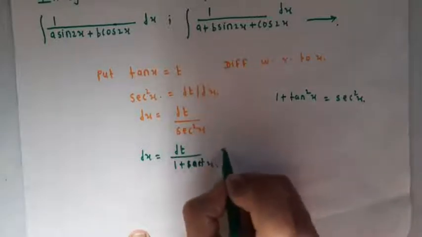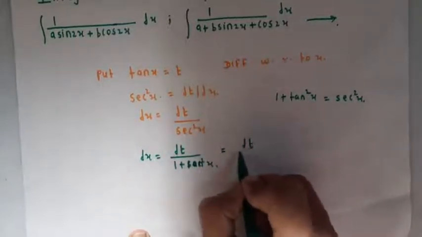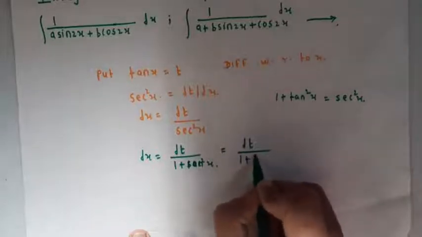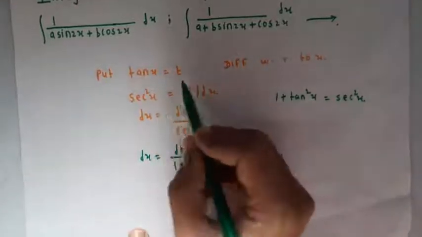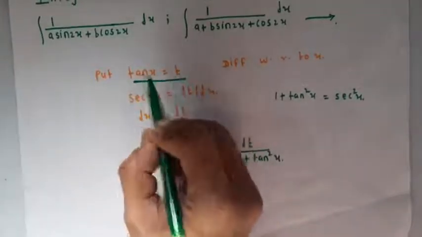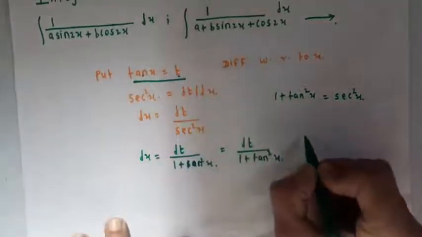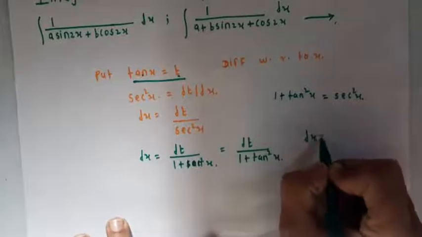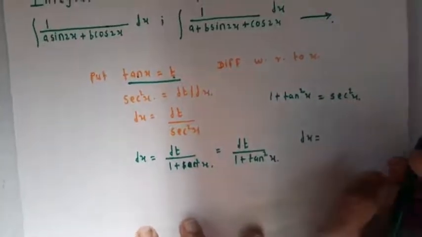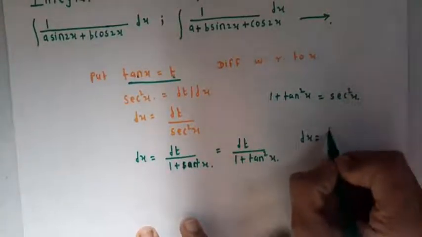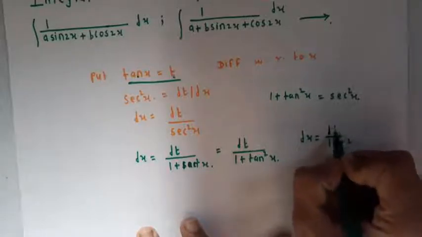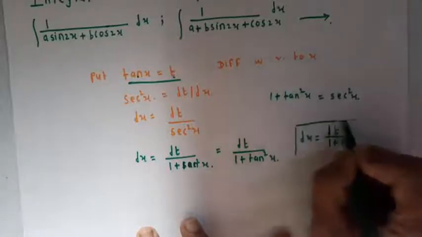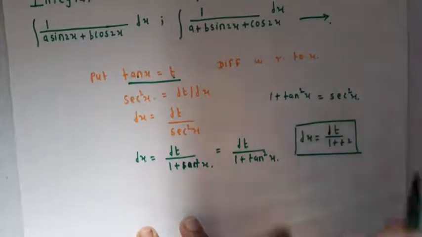Now put tan x equal to t, and hence dx equal to dt upon 1 plus t square. This is the value of dx in the given integral.